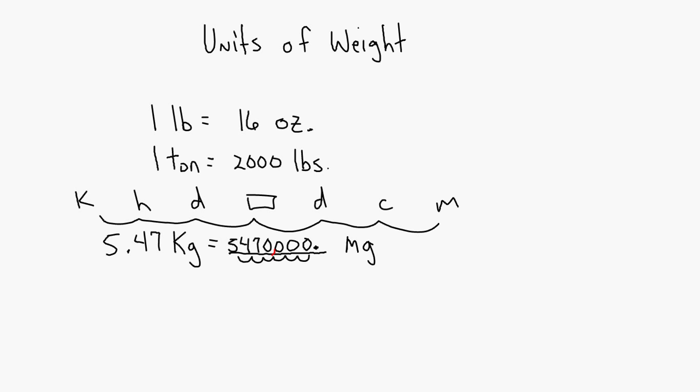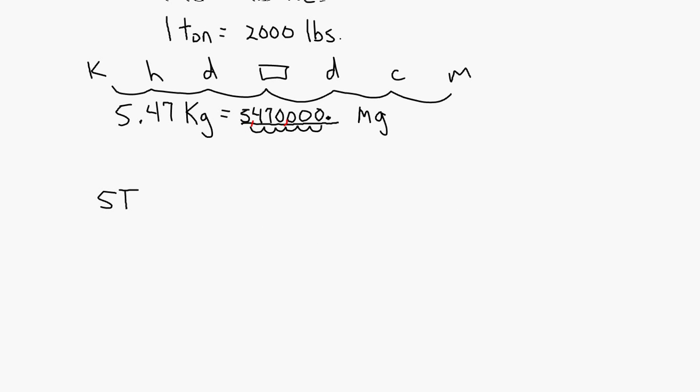And then you got 5 tons. 5 tons equals how many ounces? That's going to be a lot too, isn't it? Wow. So your 5 tons is 2,000 pounds per ton, right?